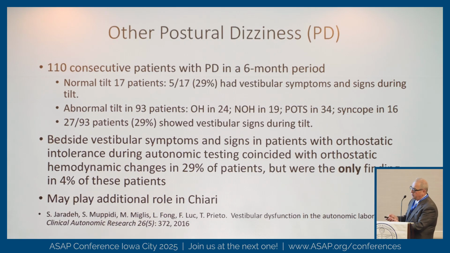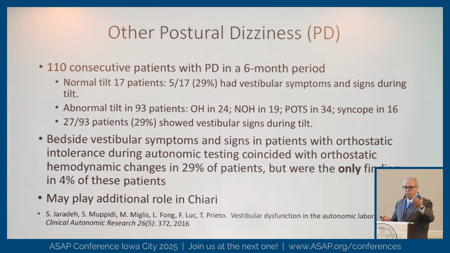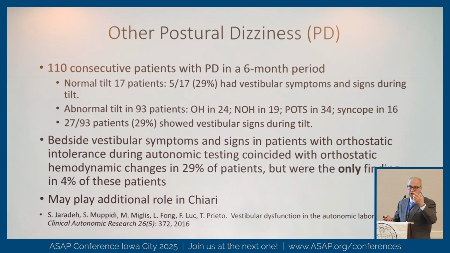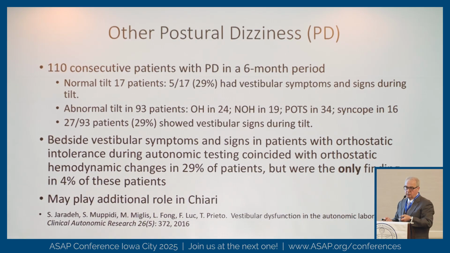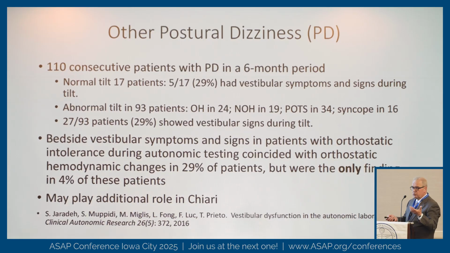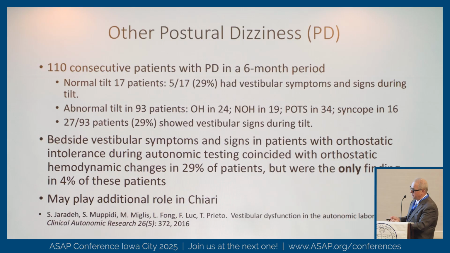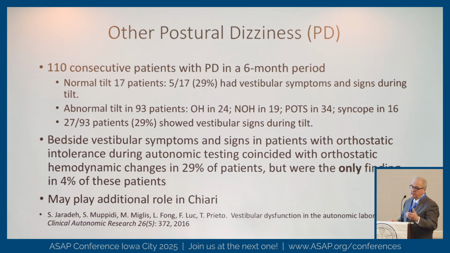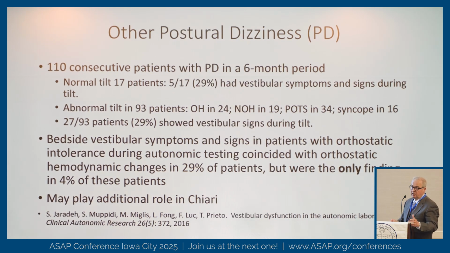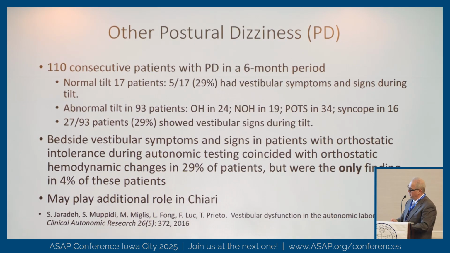And interestingly, when we examined those patients, when we were tilting them up or down, we checked their vestibular function. There are ways to do that in the lab. And we found about 25% to 27% can have concomitant mild vestibular signs. And what's interesting is about 4% of patients referred to us for autonomic testing because they have orthostatic intolerance, we find they have no orthostatic problems. It's entirely vestibular. So this is something very relevant, can be playing a role in Chiari.